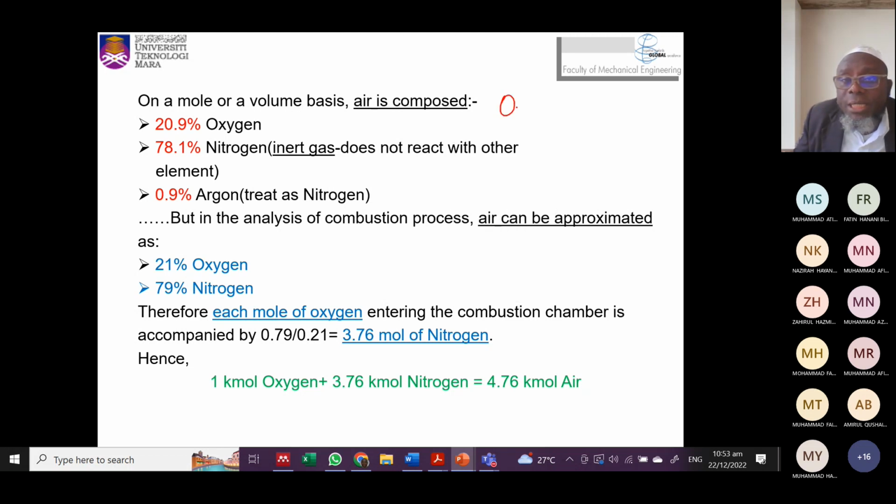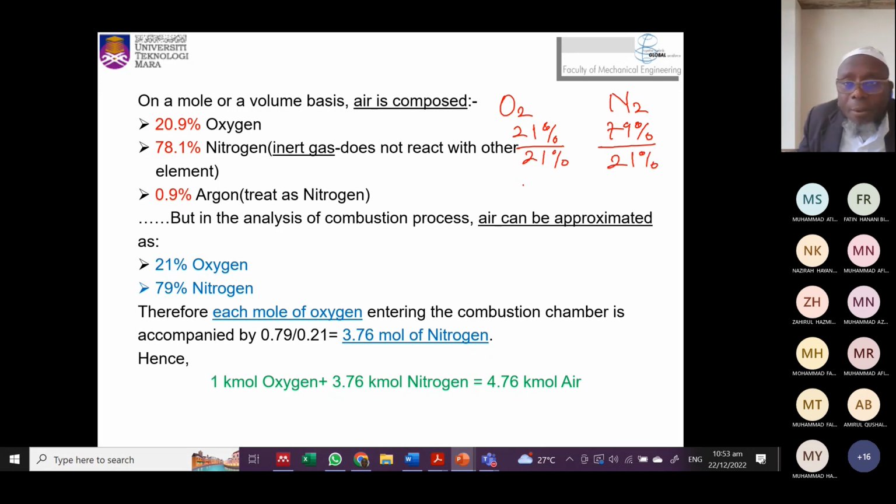So I have oxygen and nitrogen. This is 21%, and this is 79%. So I divide this by 21%. I divide this by 21%.